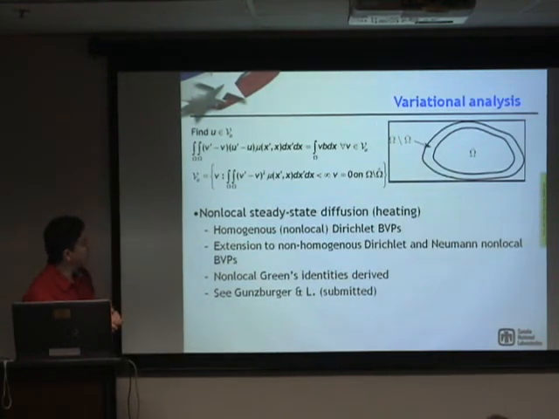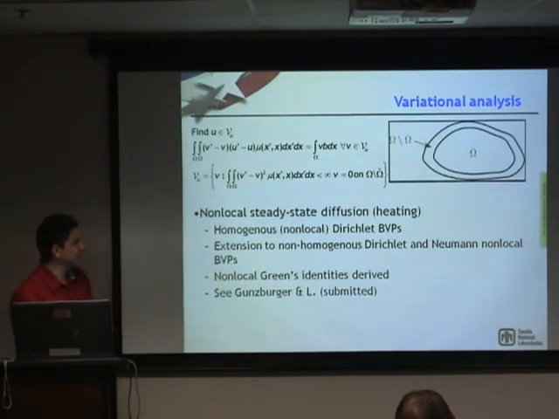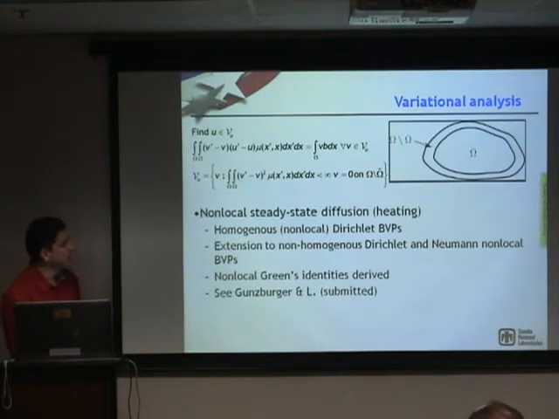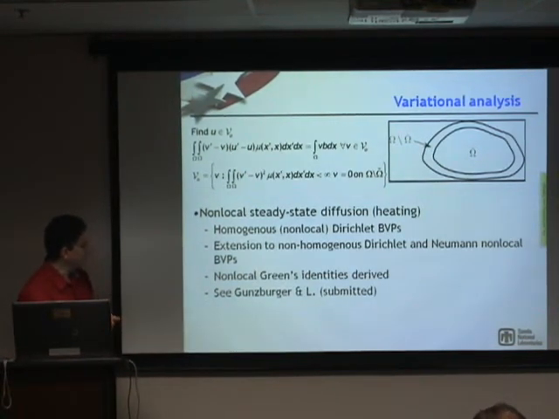And this problem corresponds to homogeneous non-local Dirichlet boundary value problems. You can extend it to non-homogeneous, and you can consider Neumann non-local boundary value problems. We were able to derive non-local Green's identities, and this is all in a paper that Max Gunzburger, one of my collaborators at FSU, and I have submitted for publication, okay?